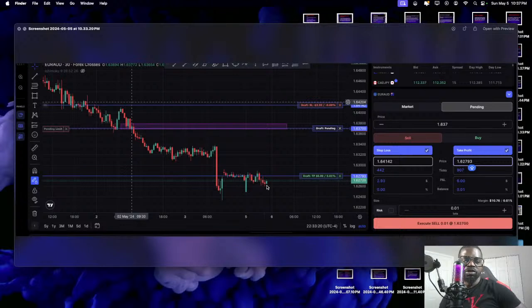Yeah, so the numbers that we have right now, this is the trade that we're taking, Euro AUD. After we opened up Euro AUD, we use this drop down arrow to pull up our trading window.